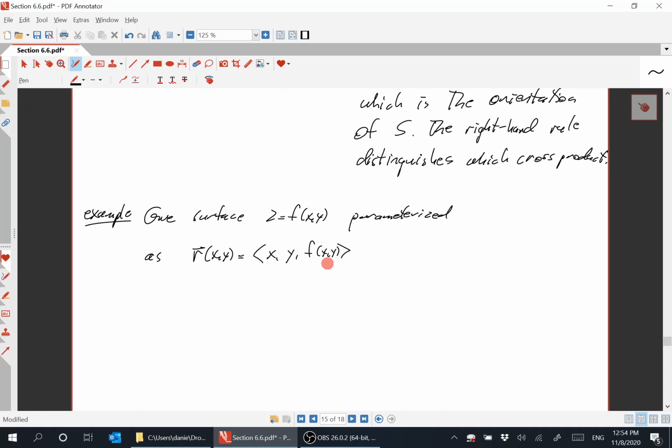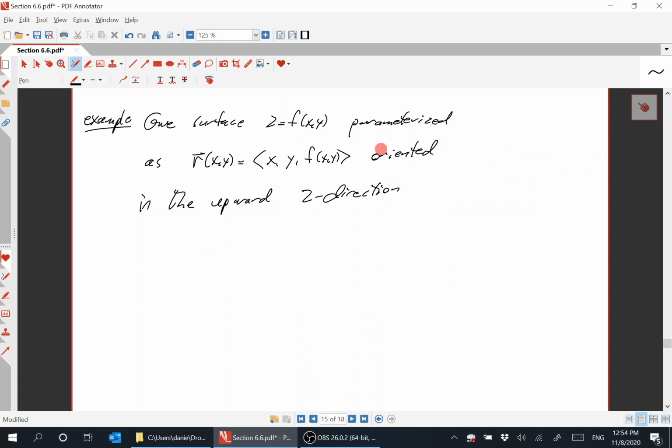So given this surface parameterized like this, oriented in the upward direction, so what's that look like? So you've got this surface satisfying the vertical line rule for z equal to f of x, y. So here's that surface. And it's sort of vaguely oriented in the upward direction. So oriented this way.